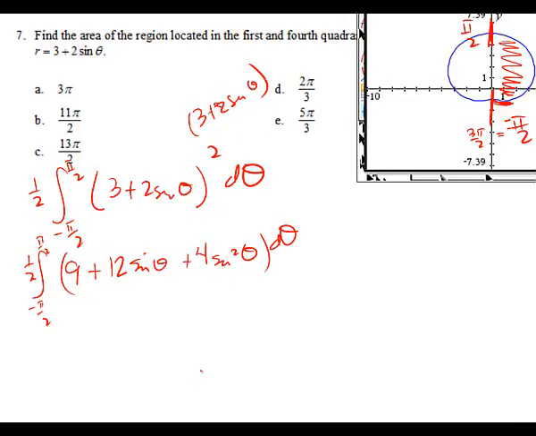Alright. Probably what I would do now is for this piece here, we need to put in the power reducing again, right? Pi over 2 to pi over 2. So we've got 9 plus 12 sine theta. So the power reducing on that is going to be what? 1 minus cosine 2 theta over 2, right?